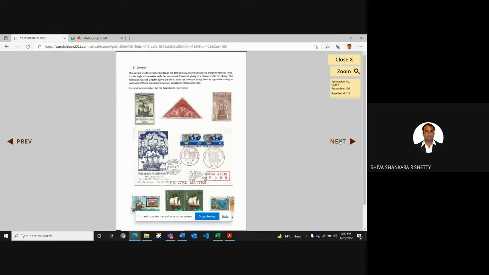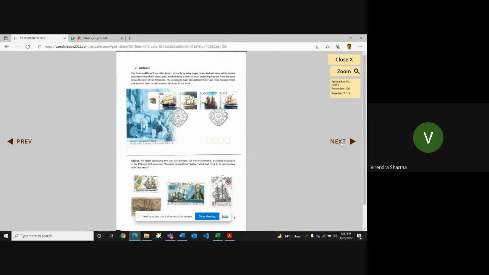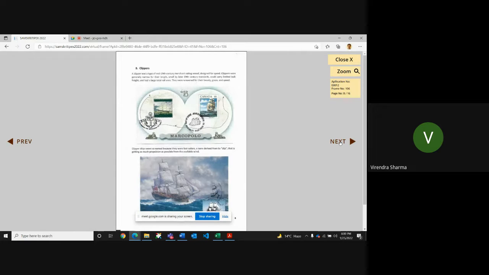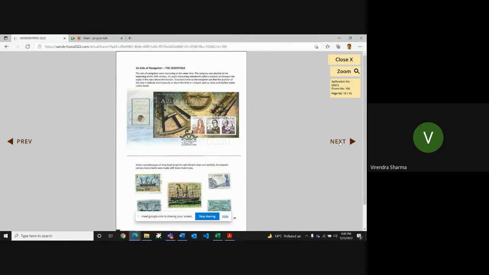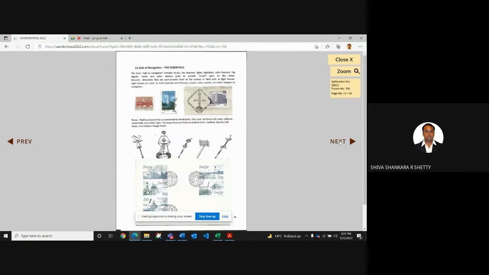So whenever you are trying, as I said, in the best possible manner, the classification, like in Galians also, you can find so many things. The subject is very huge, a very vast subject. So that was my point. And as this was a district level exhibition, very good. We appreciate that you have participated.